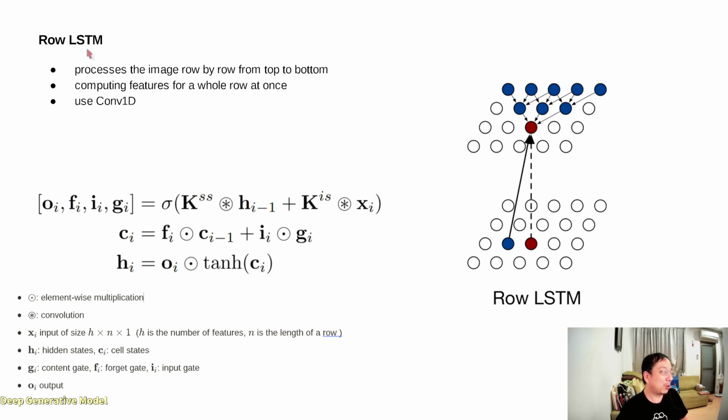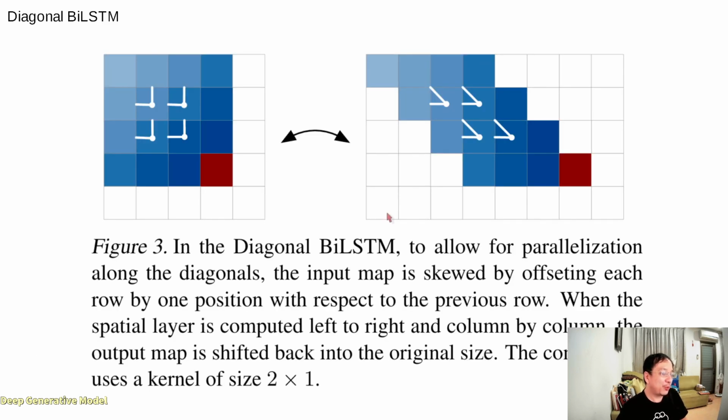So this is called the Row LSTM. The four functions are right here. This one is the convolution. So instead of doing the matrix multiplication, it uses the 1D convolution to generate the hidden state and all the other things. And if we want to do the pixel things, one of the orders is something like this one.